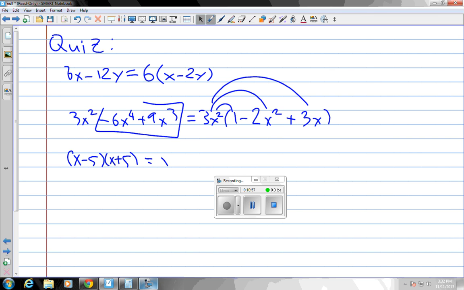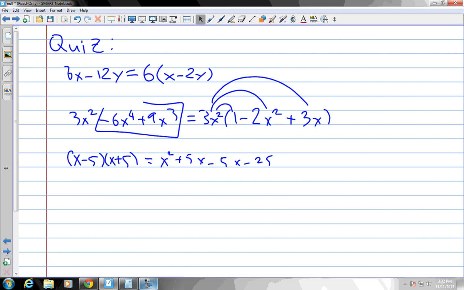And here, if you FOIL, x squared plus 5x minus 5x minus 25, so that's x squared minus 25. Yeah? Good.